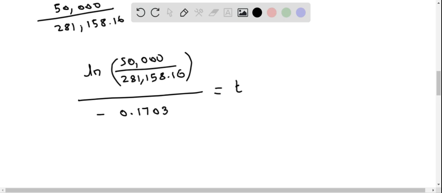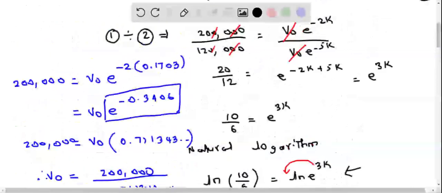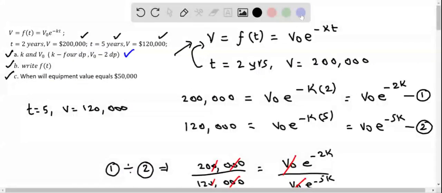We can plug all these values into the calculator, that is the natural logarithm of 50,000 divided by 281,158.16, and then divide that by minus 0.1703. When we do that, we get the value of t equal to 10.14 years. As we have to give the time in two decimal places, I have approximated to 10.14 years, which means we have answered part C as well. Part B we have already answered.